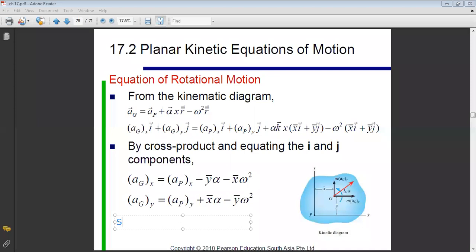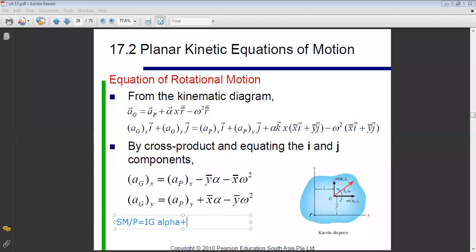Okay, the sum of moments about P equals what? First, when I have a couple, the couple is a free vector. I can consider it about any point, yes or not? In statics, you remember? If you do the sum of moments about P and you have a couple, you don't take it into consideration, yes or not? So first I should consider the couple. The couple is IG times alpha.